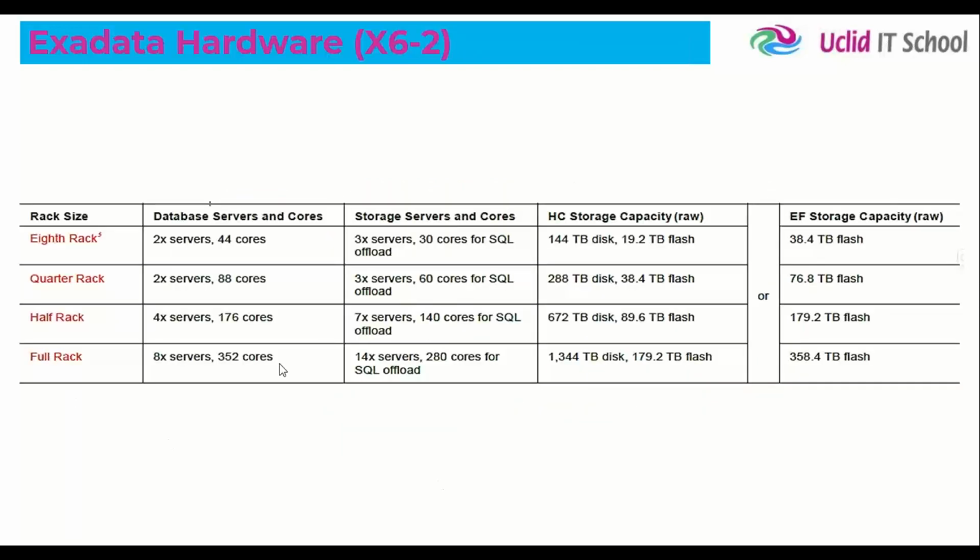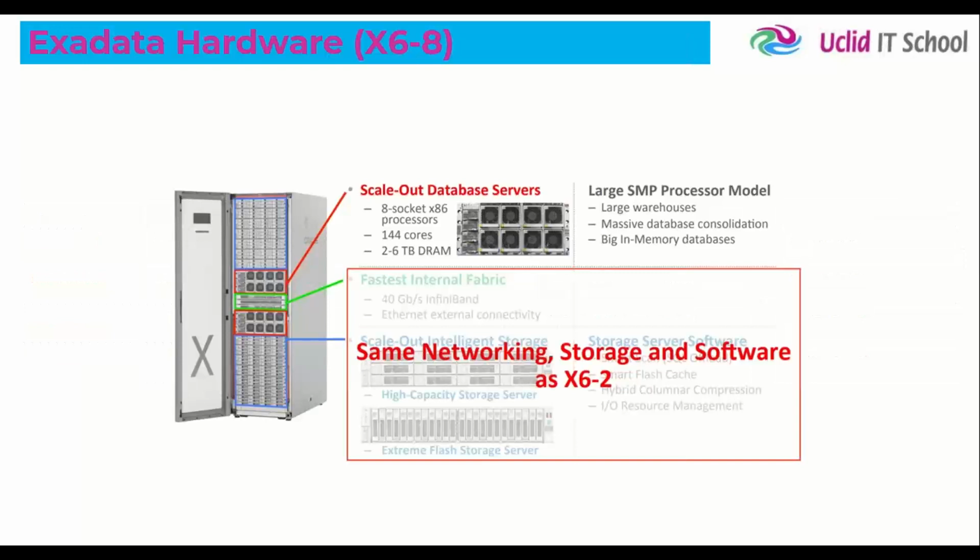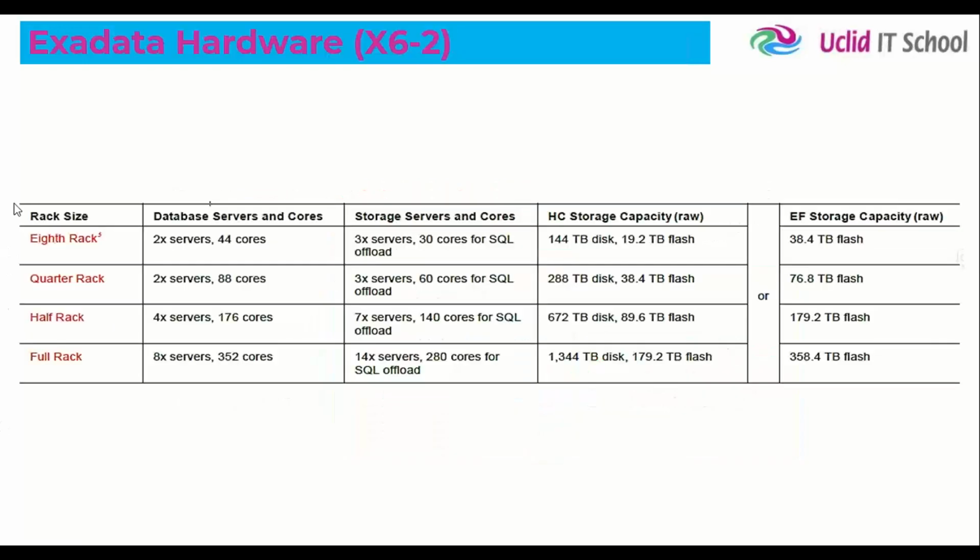Now we have another slide which shows you the rack level details. What you saw just now are per server details. If you take a rack, each rack will have 2 database servers, 3 storage servers.